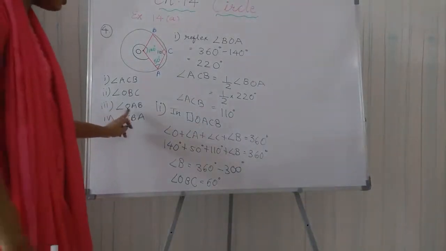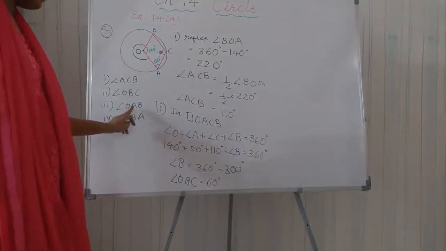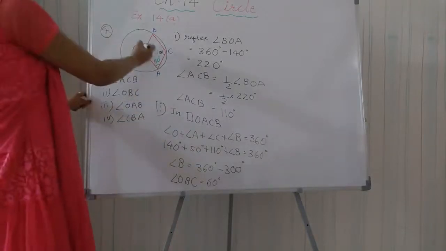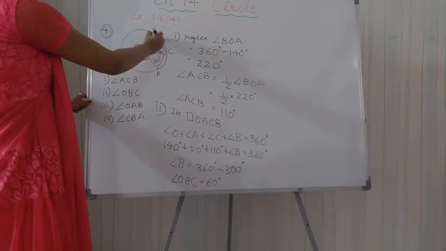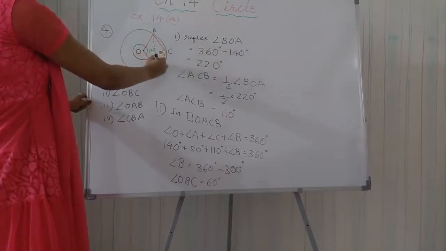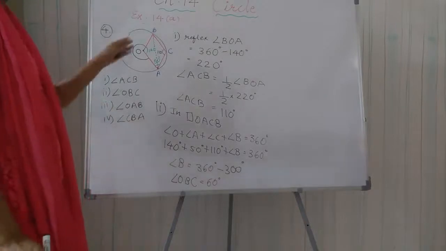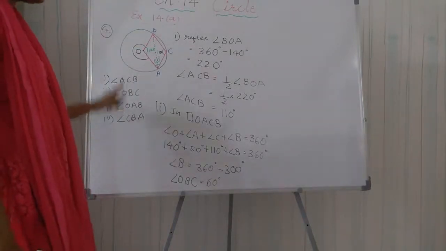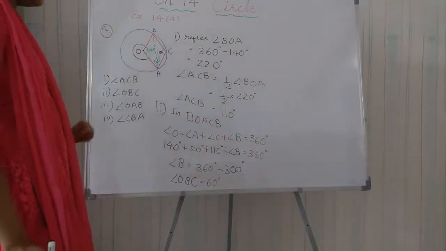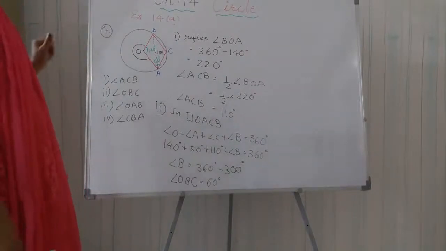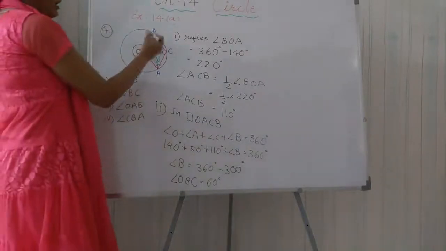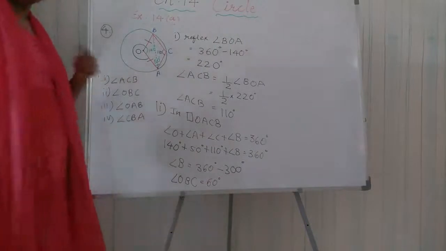Now let us move on to the third angle, OAB. Students, for OAB we must draw a straight line here, joining A and B. Then only we can get this angle OAB. Here OB and OA are equal. How?